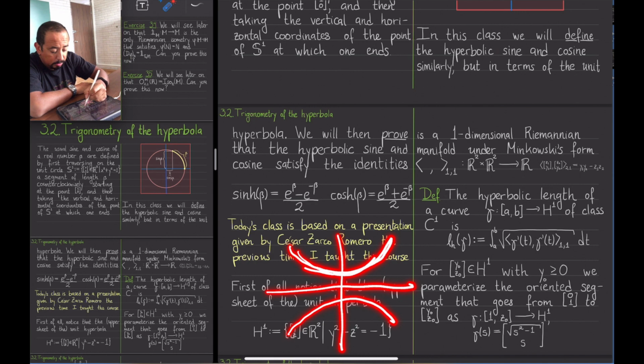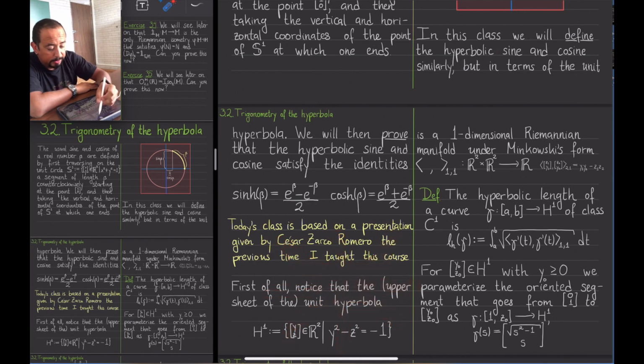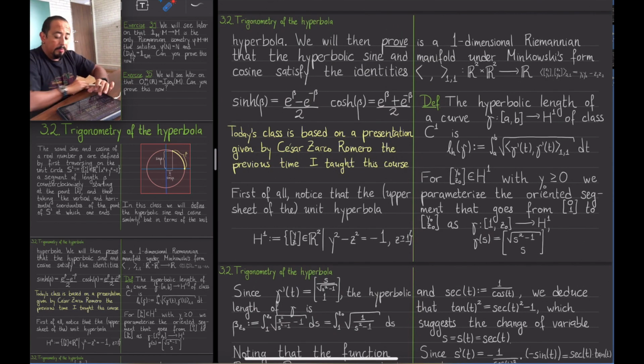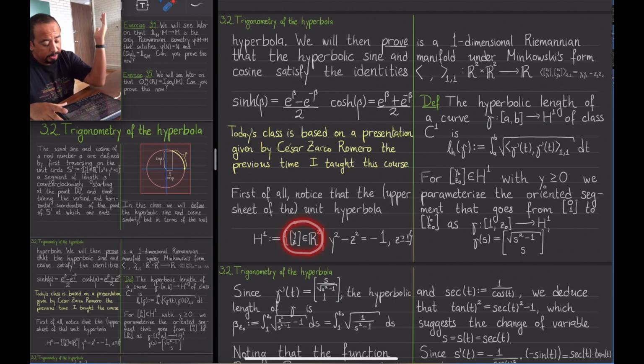So I'm going to ignore the lower sheet. So here let me also write z greater or equal than 1. If you will, I'm writing it as some sort of cross section in the YZ plane of the upper sheet of the hyperbola.